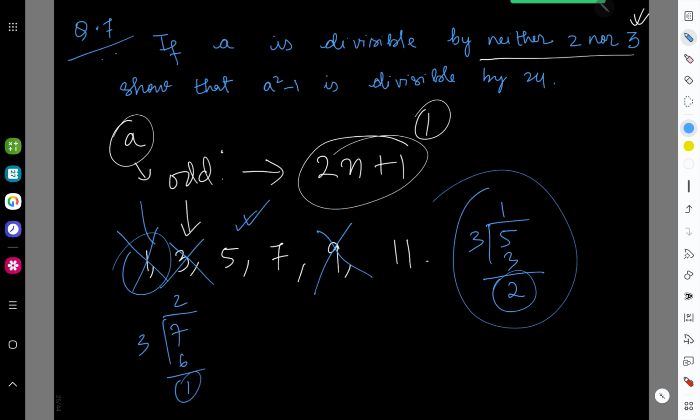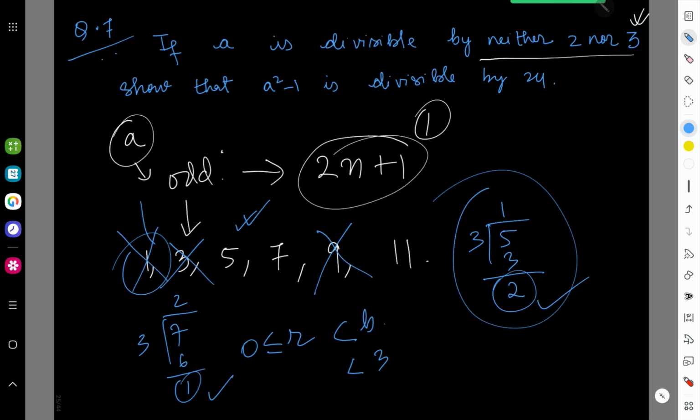Euclid's division lemma also says that the remainder should be greater than or equal to 0, but it should be less than the divisor. So our divisor here is 3, so the possible values of remainder are 1 and 2 only. It cannot be 3 because it has to be less than 3.